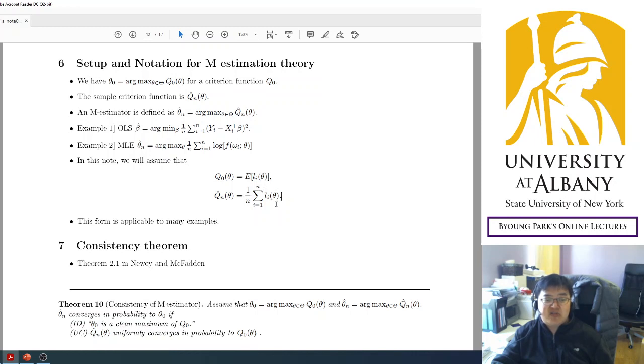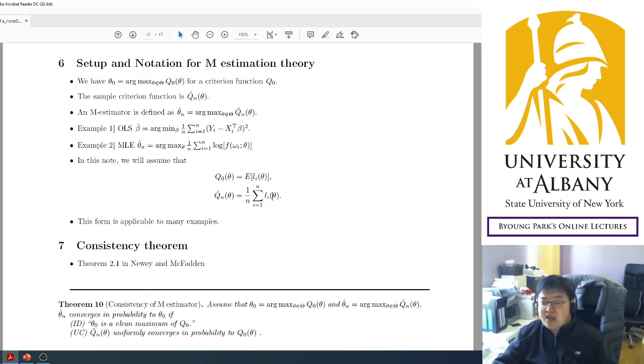The log likelihood function's sample average is your estimated criterion function, but the true criterion function is its population mean. So the population mean, the expected value of the log likelihood function, is maximized at the true parameter. That is what we have in our setup.